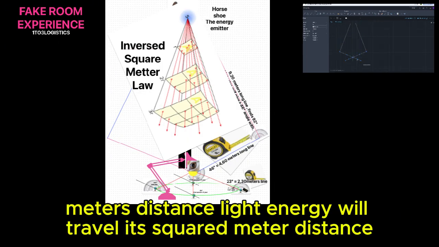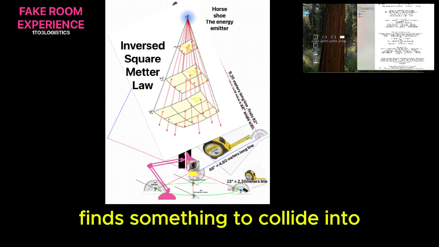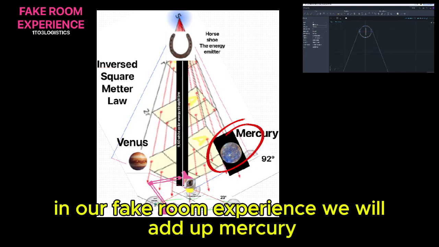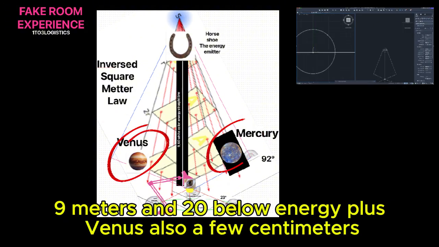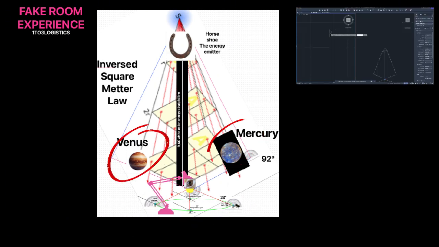Light energy will travel its squared meter distance until it finds something to collide into, and will obliquely convey its angle's deflection. In our fake room experience, we will add Mercury 9 meters and 20 below the energy emitter, plus Venus, also a few centimeters below Mercury.